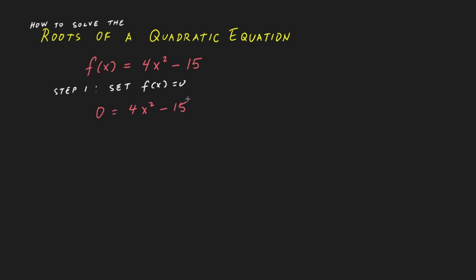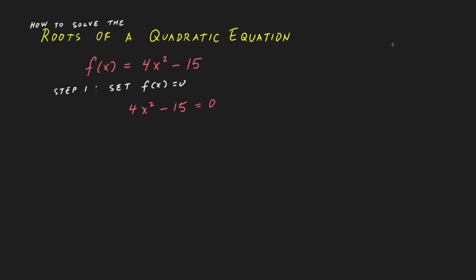You know what? I really don't like the 0 being on the left side, so I'm going to erase that and move it to the other side. So 4x squared minus 15 is equal to 0. That looks nicer because remember the general form of a quadratic equation looks like this. I want it to be matching with this.